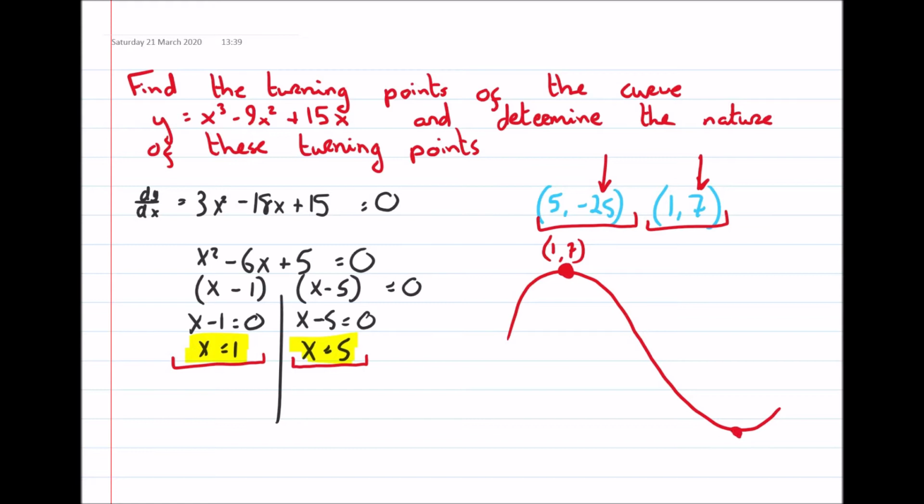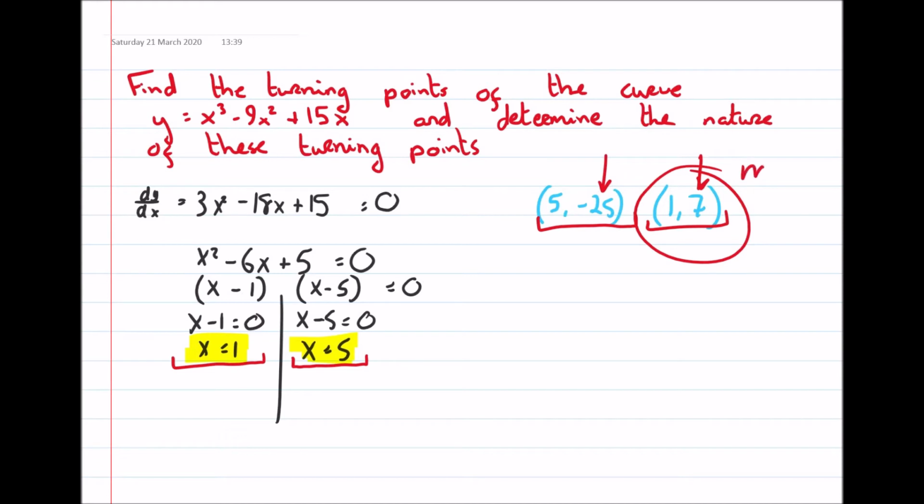That minimum point there will be (5, minus 25). So that is another way of doing it, right? Just having a look at the two points and seeing which y value is biggest. So straight away I can say that actually that is the maximum and that is the minimum. All right, but let's just do it the other way.